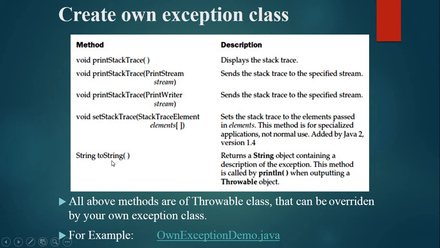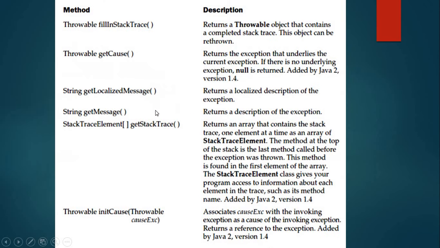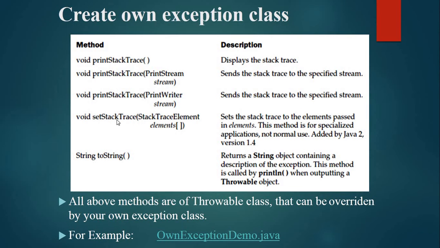And the last is String toString. These methods are of the Throwable class, so we can directly use them in our class because the superclass is Throwable, after it Exception, and we inherit Exception, so we can directly use these methods.